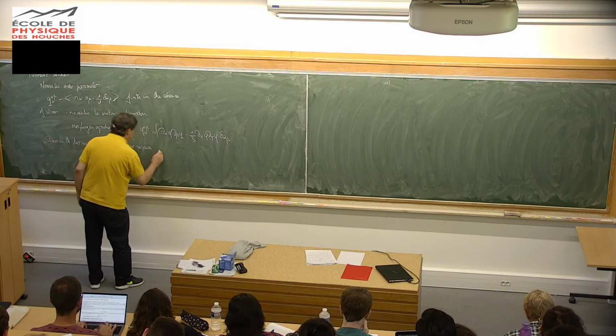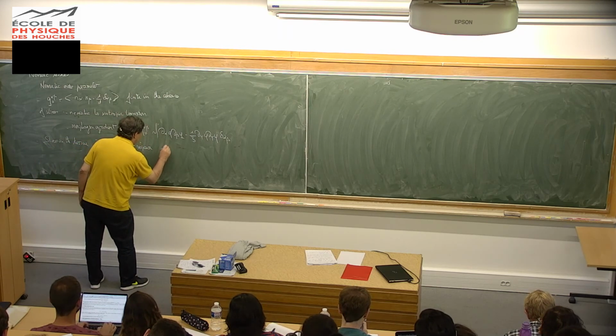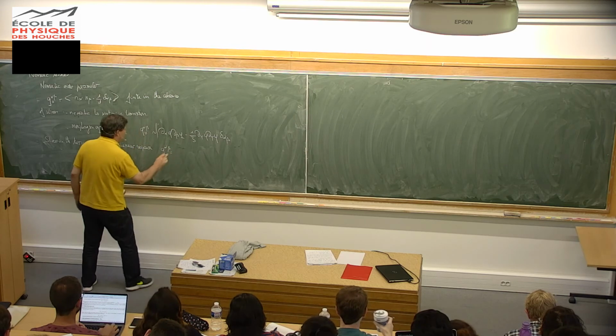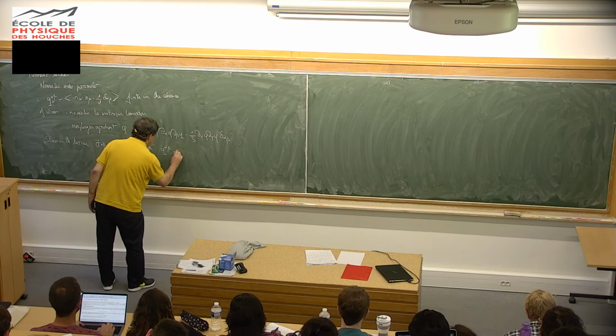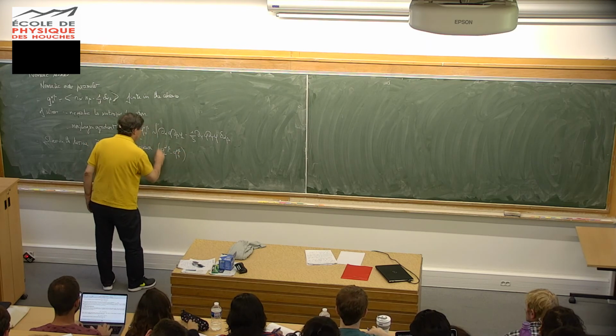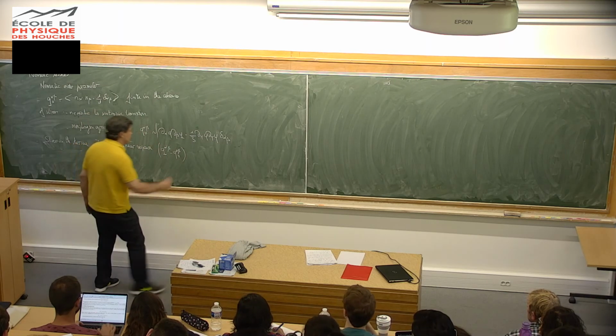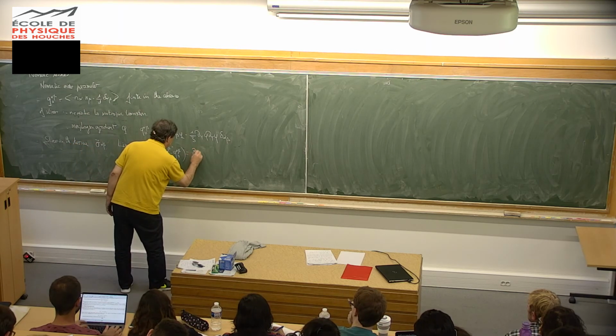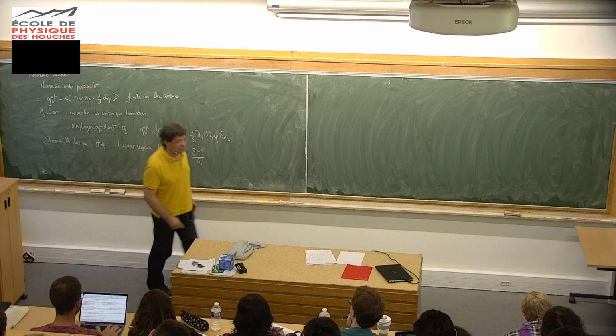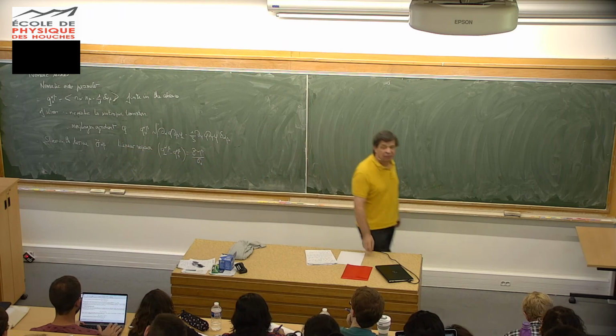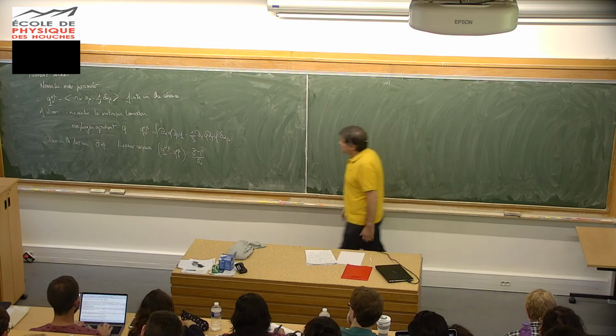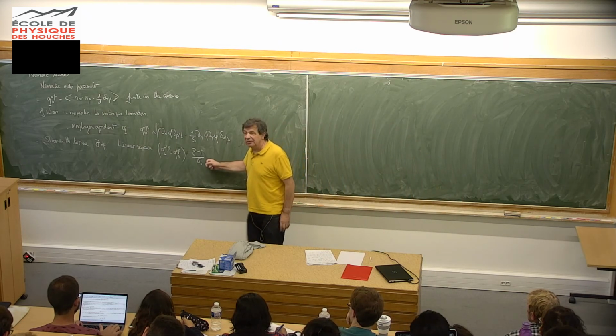So I'll write that Q alpha beta minus Q alpha beta 0 is proportional to the stress. So it's something like sigma tilde alpha beta over some characteristic stress, sigma 0. One of the things which is not obvious is the sign of this sigma 0.